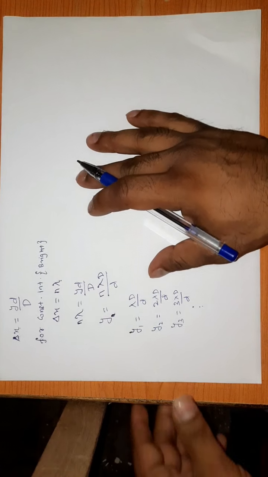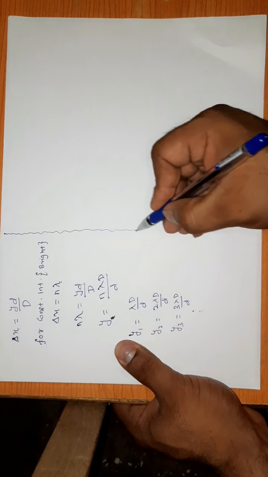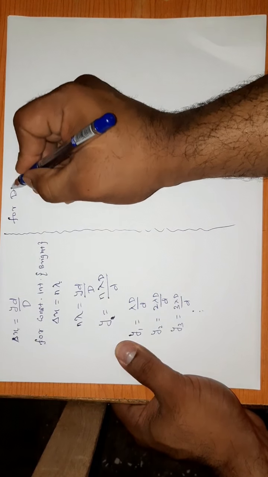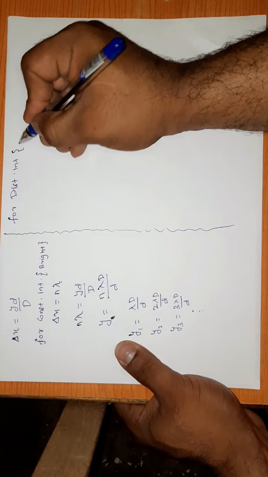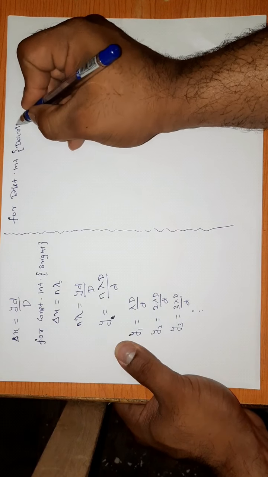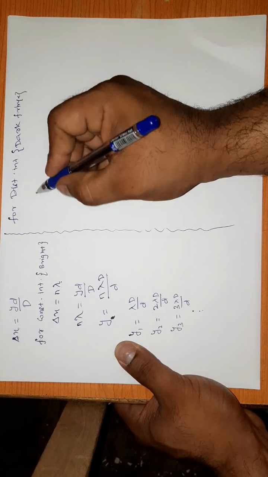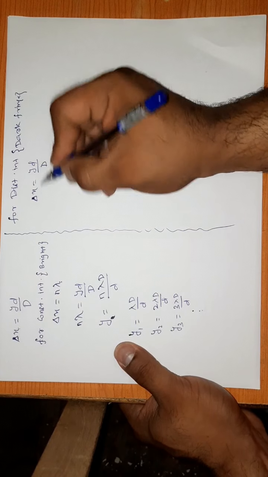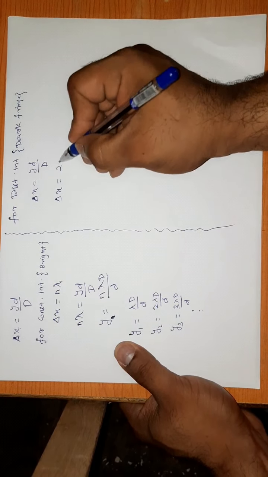In the same way, we can find for destructive interference, that is for a dark fringe at point P. Let's see. Here again delta x is yd upon D. For dark we are taking delta x is equal to (2n plus 1) upon 2 into lambda.